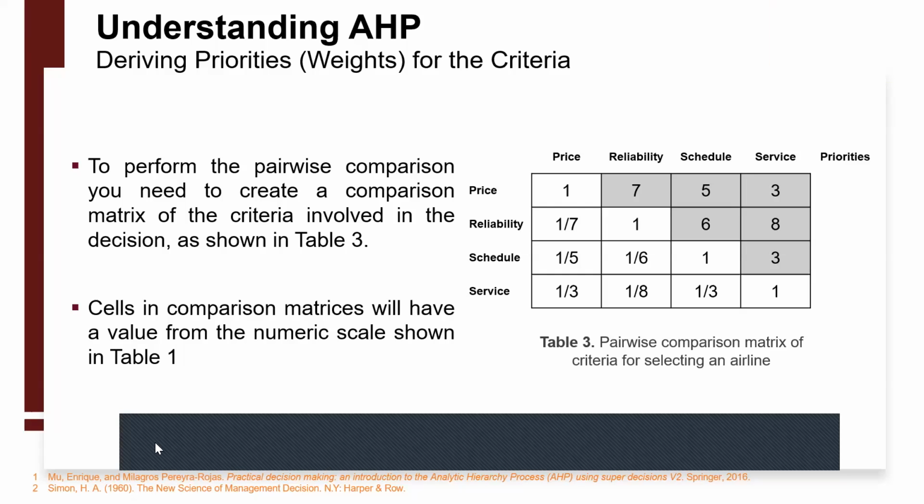So for instance, if price has a high priority score over reliability, and then another one in schedule, if that gap totally enlarges relative to other criteria, then it could result in inconsistency, because you may not need to consider the schedule anymore, as it's too low a criterion to be part of the decision making.